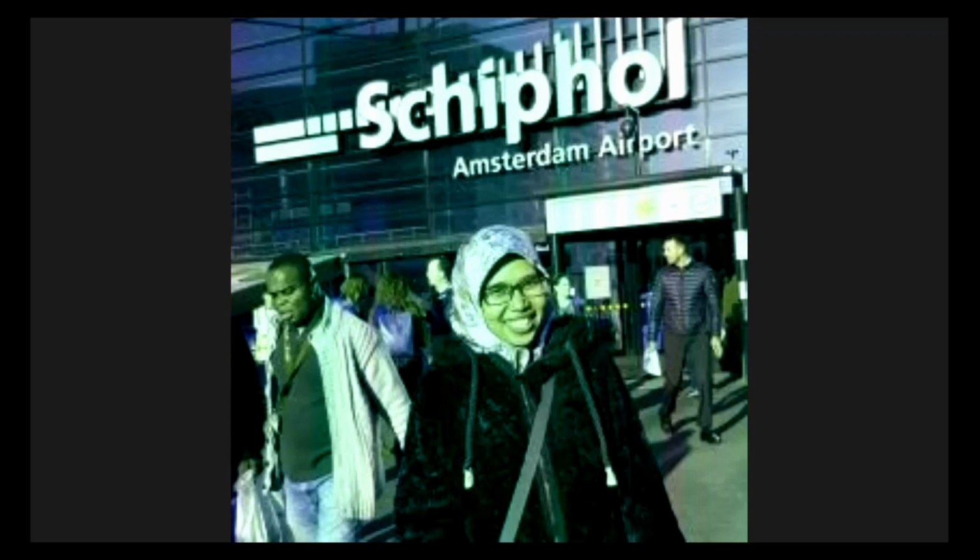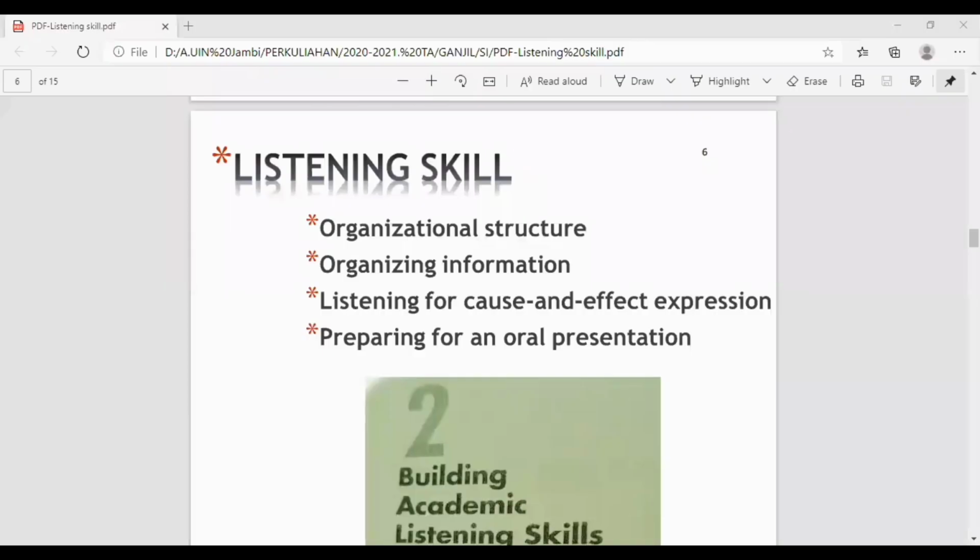Well, now let's talk about organizational structure. In this unit, we are going to learn about organizational structure, organizing information, and then listening. You are going to listen for cause and effect expressions as well as prepare for an oral presentation.